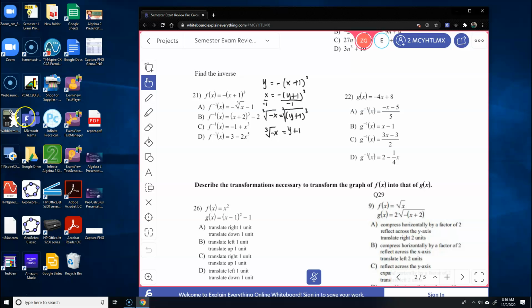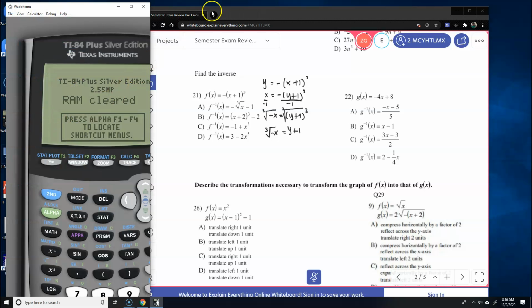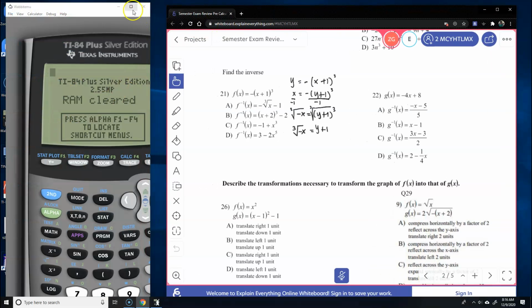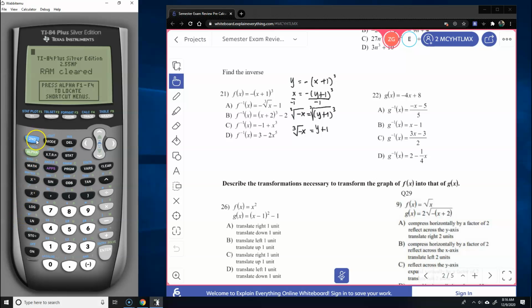You go to math, and here is a cube root. We know that the cube root of negative 1 will be negative 1. So you can always factor that negative 1. So you have negative 1 times the cube root of x equals y plus 1.